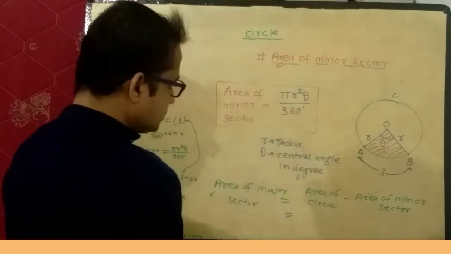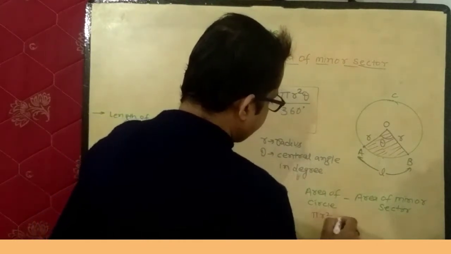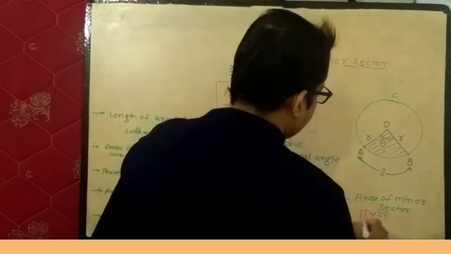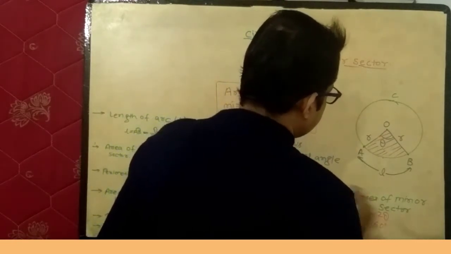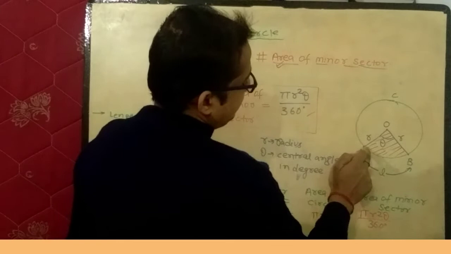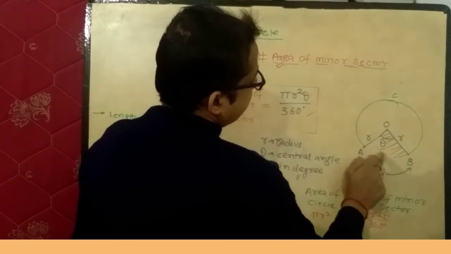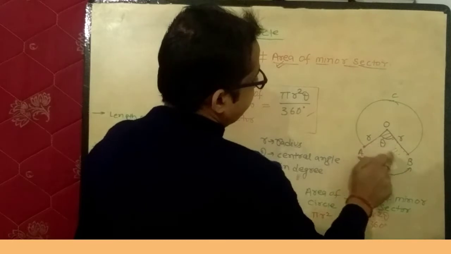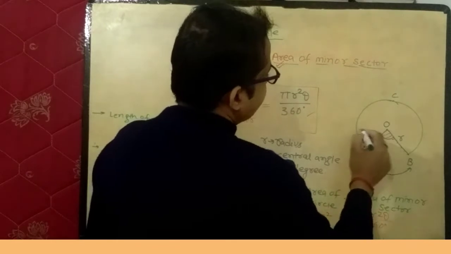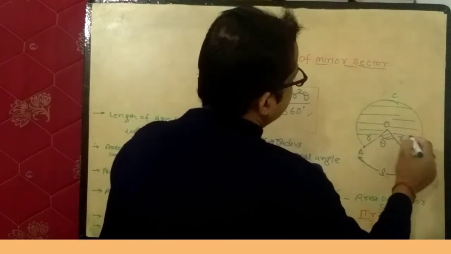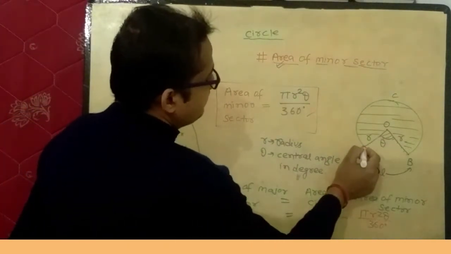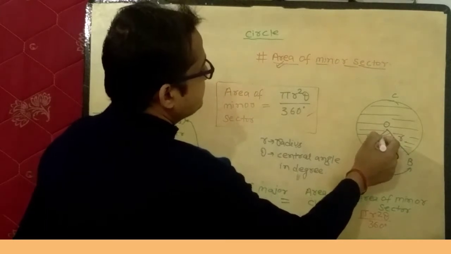Area of circle equals pi r square, minus area of minor sector, this pi r square theta upon 360 degrees. It means if you subtract this minor sector area from the area of the circle, then you will get the area of this major sector. And here theta is the central angle which is made by this arc AB at center.